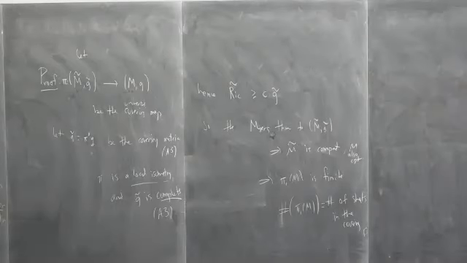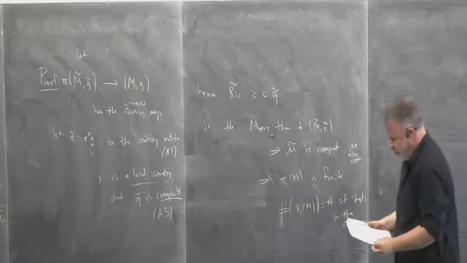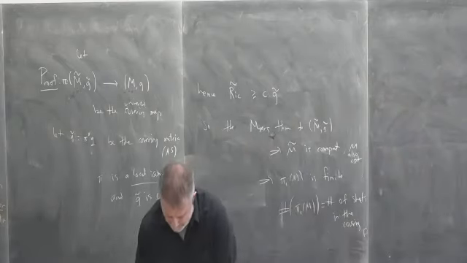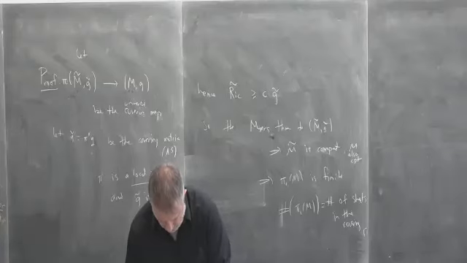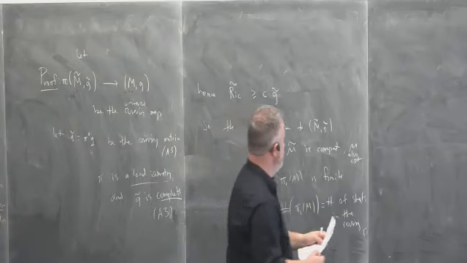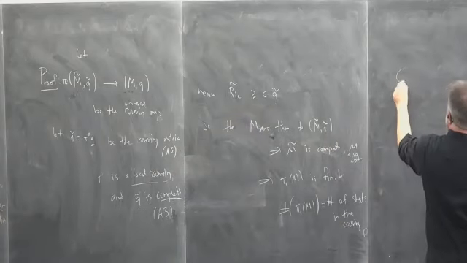Not just strictly positive, but bounded from below by a strictly positive lower bound. That they're compact and they have finite fundamental group. I'm going to show you that you can't relax that in a minute, but let me just do one more corollary.